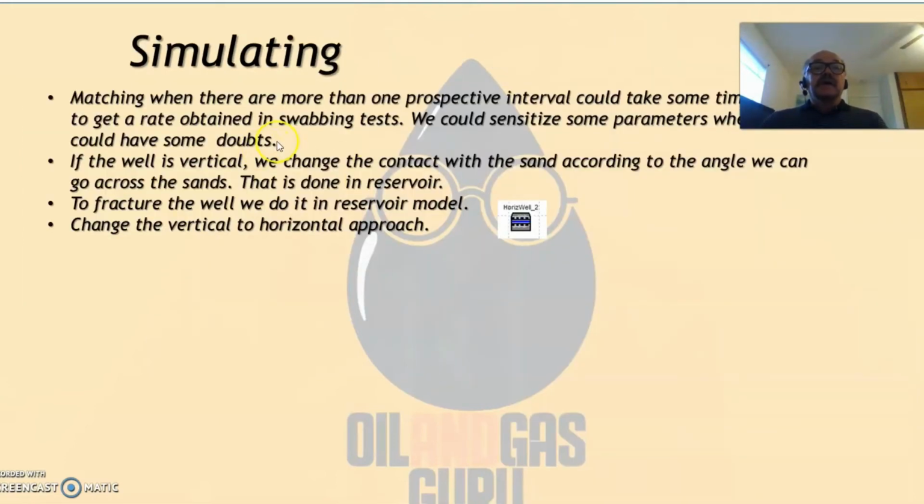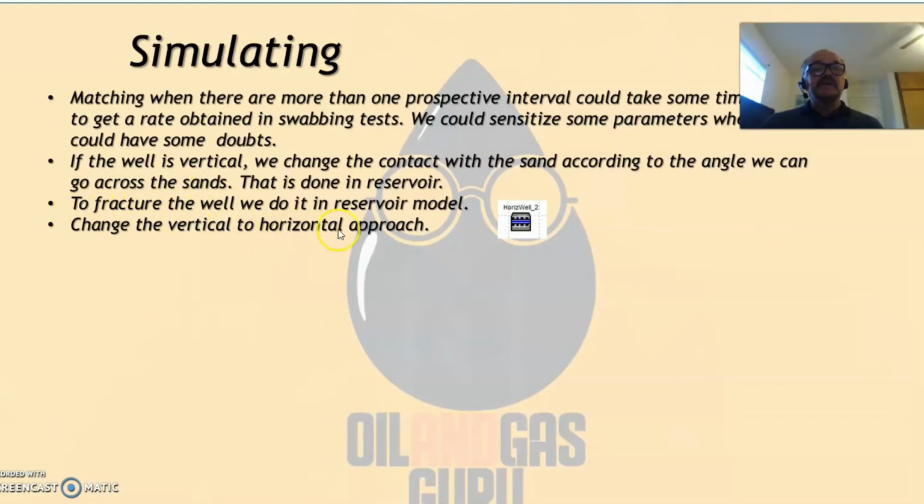Like I said, if we have more than one well, we need to match. The first thing we do in the software is match the real situation with the software outputs. The well could be vertical, and then we build everything as a vertical well.